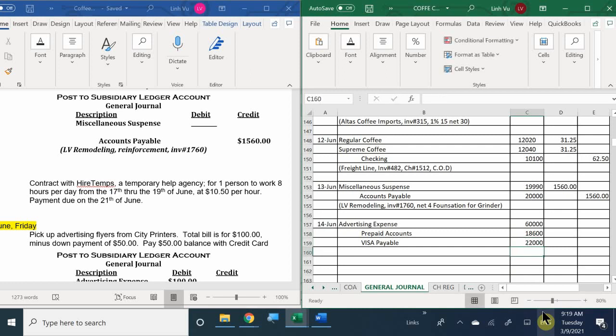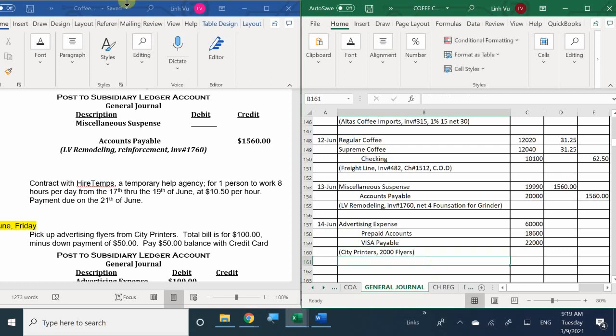And you have pretty much enough information here as well. City Printers, for 2,000 flyers, and that's pretty much it.